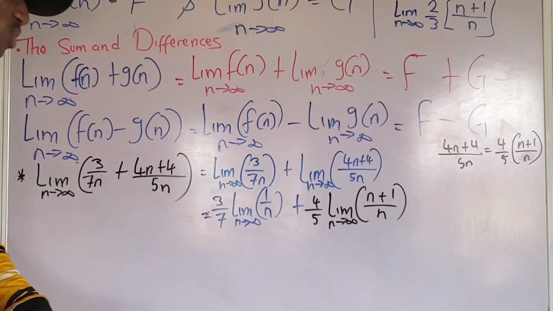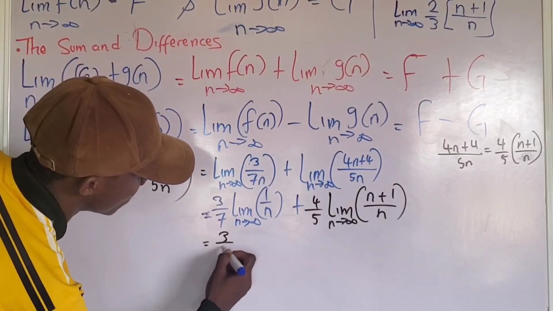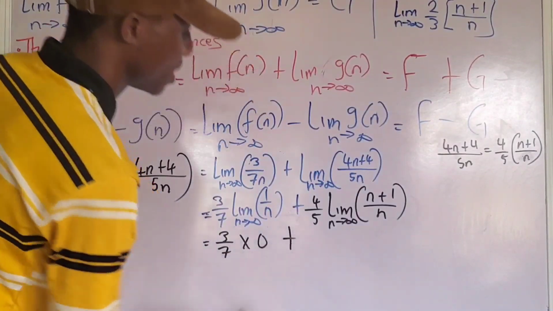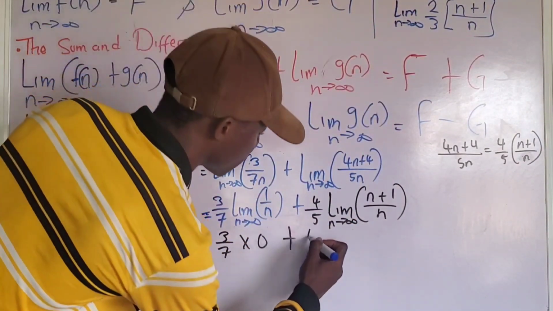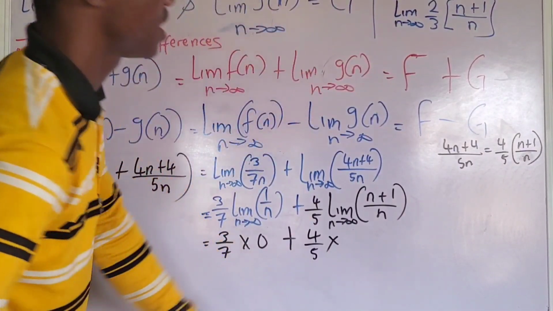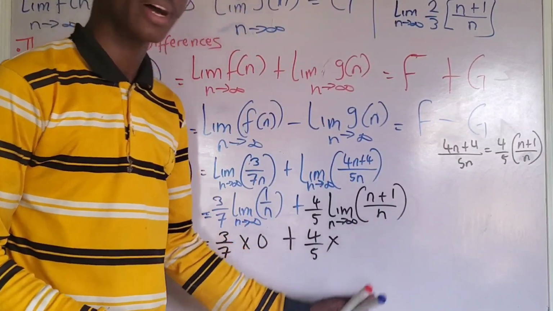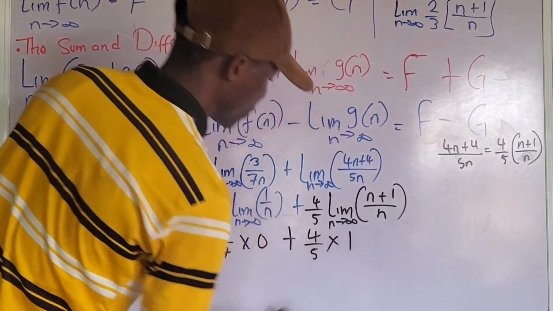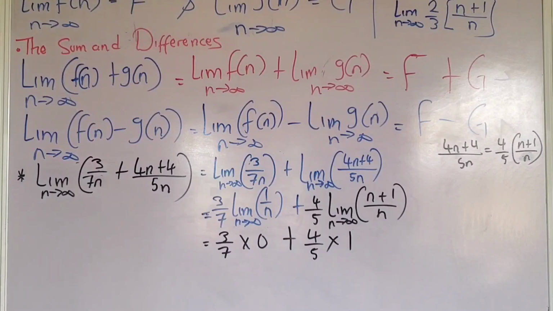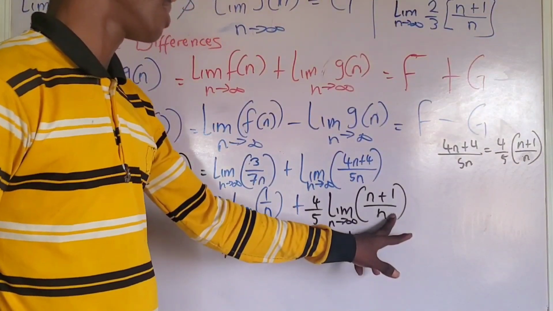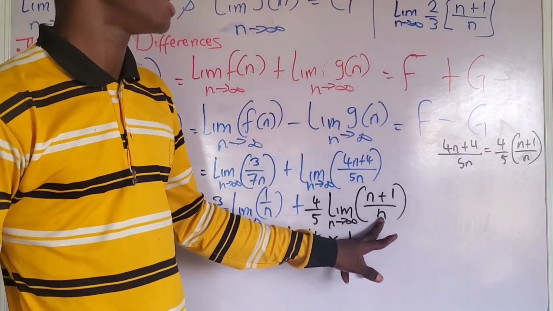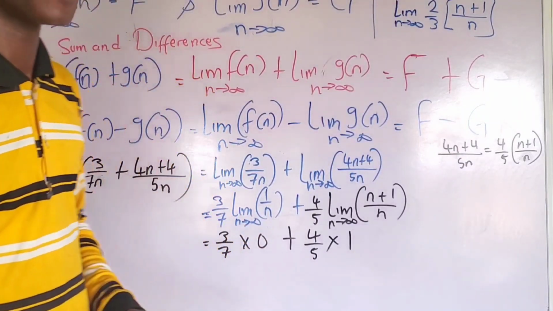So I'm going to have here 3 over 7 multiplied by 0 plus 4 over 5 multiplied by, now if we take the limit of n plus 1 all over n as n tends to infinity, you're going to have 1. So I'm going to have this multiplied by 1. And if you are not sure, you can take the limit by yourself. To take the limit of a function that looks like this, all you have to do is divide both the numerator and the denominator by n, just like what we did in the previous example.